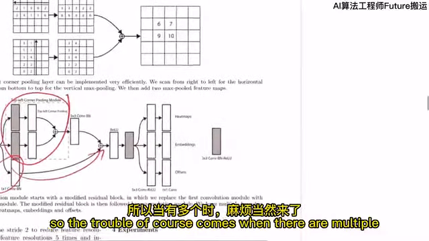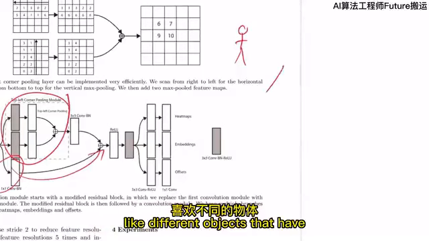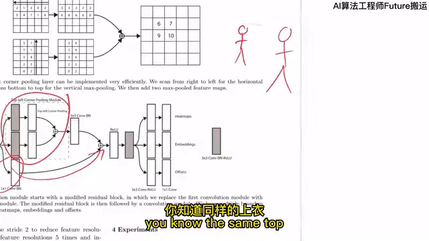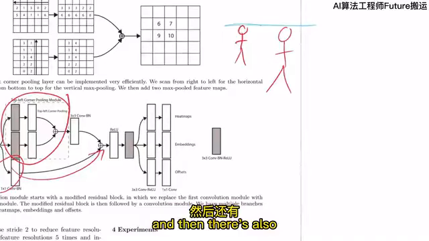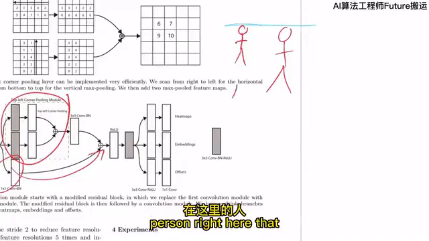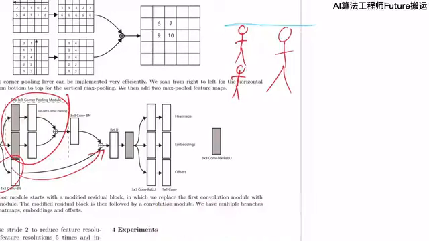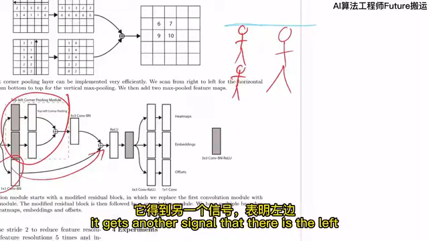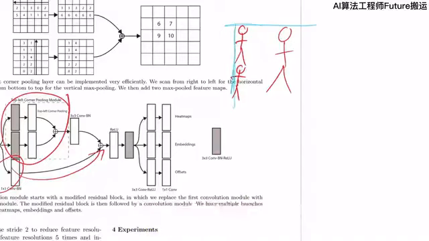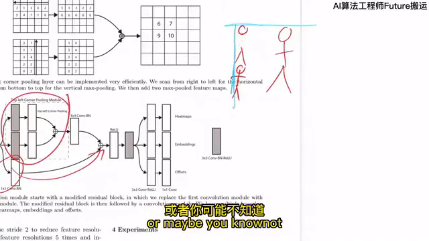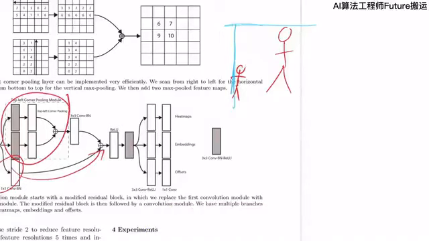because the trouble of course comes when there are multiple different objects that have the same top, and then there's also a person right here, so it gets another signal that there is the left side of a person right here, or maybe not like this.